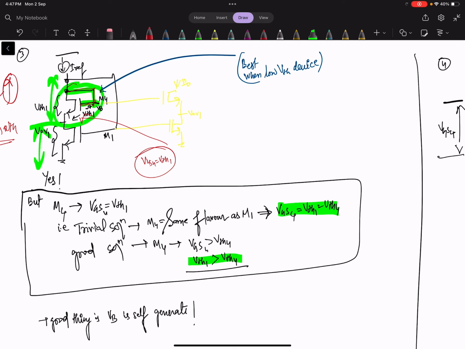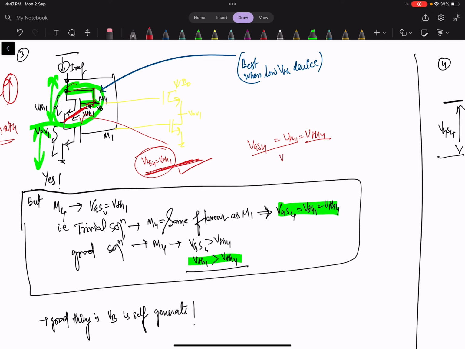So for your M4, the gate-source voltage between these two should be equal to the threshold voltage of M1, then only it will work. So let's say if VTH1 is equal to VTH4, then VGS4 is equal to VTH1, then VTH4, so it will not work.